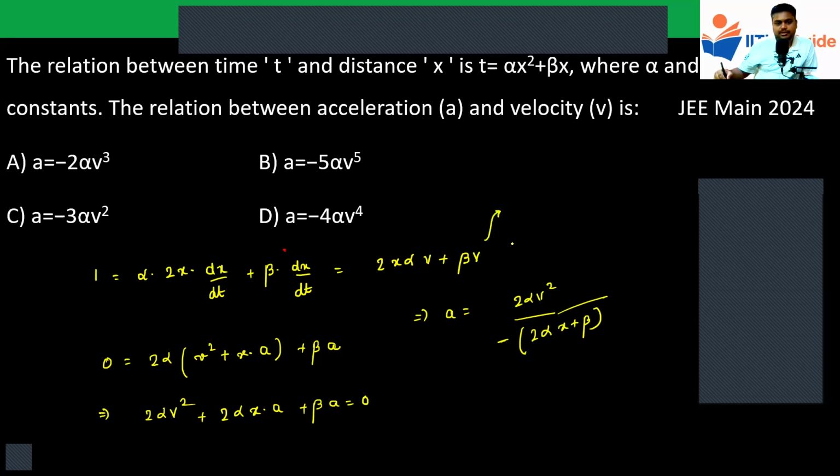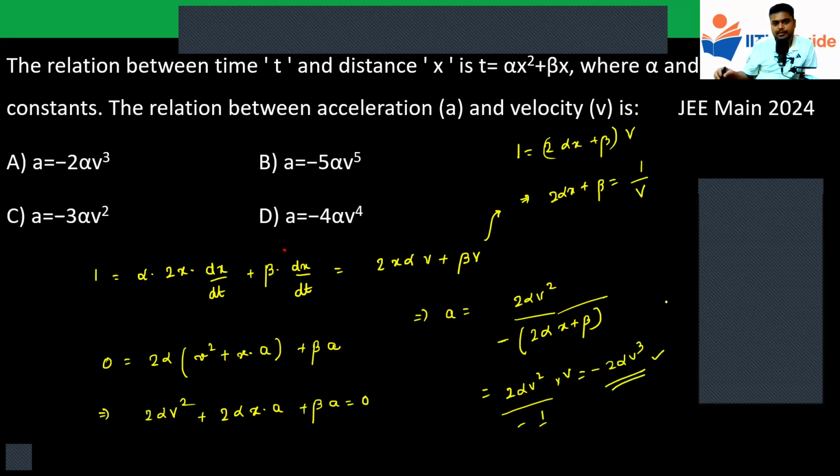Now here if we see, 1 is equal to 2 alpha x plus beta into v. So therefore 2 alpha x plus beta is equal to 1 upon v. So therefore this becomes 2 alpha v square divided by minus 1 upon v, which is minus 2 alpha v cube. If it is clear, please raise your hand.